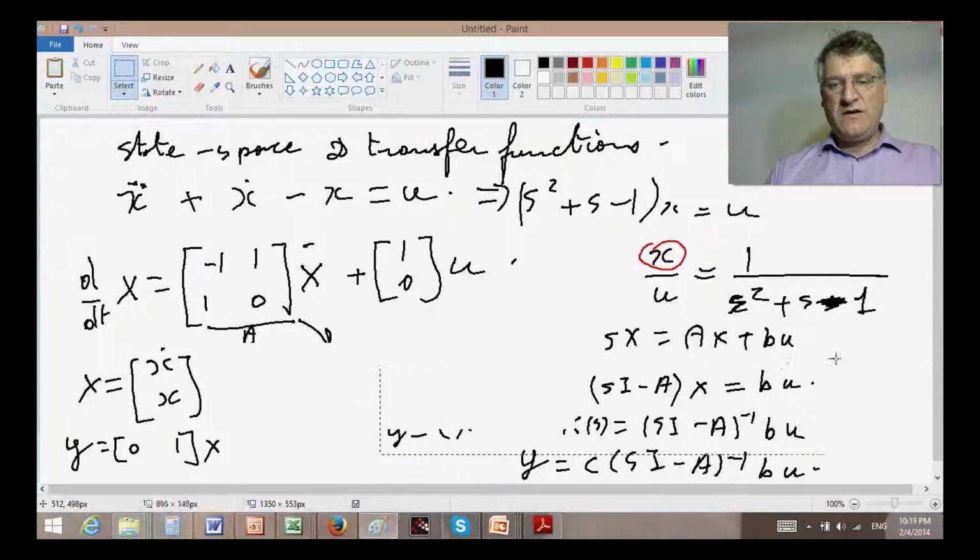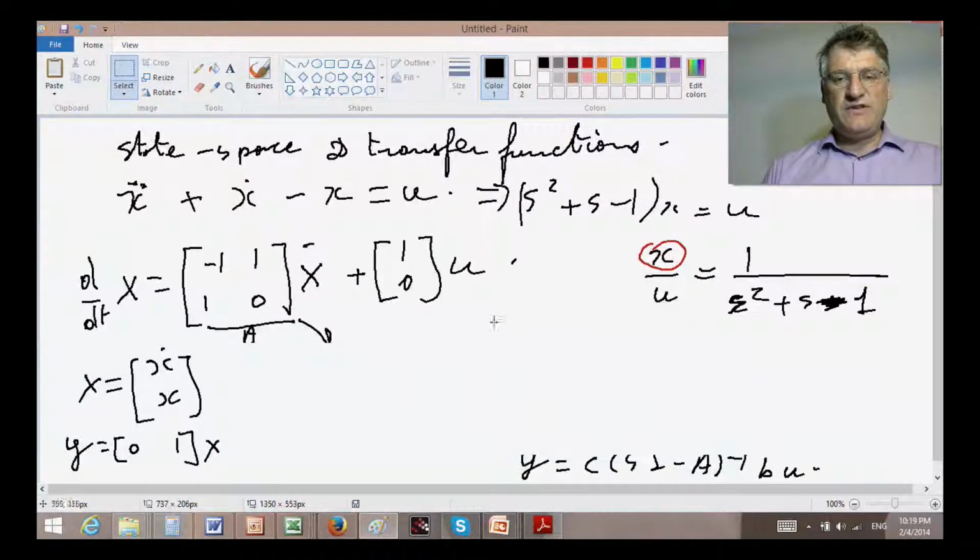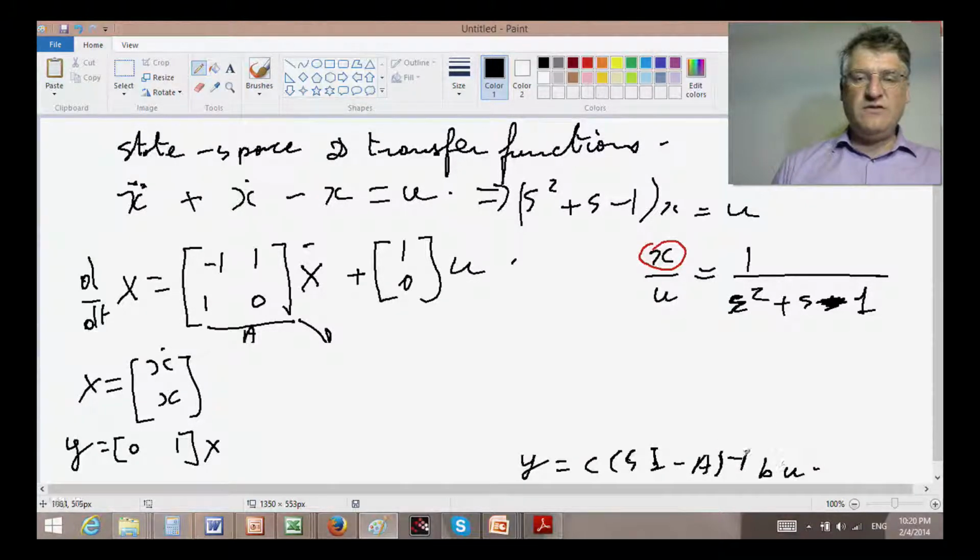Almost there. I'm left with sort of a cropped expression here. So I will say it's (sI minus A) inverse b u.